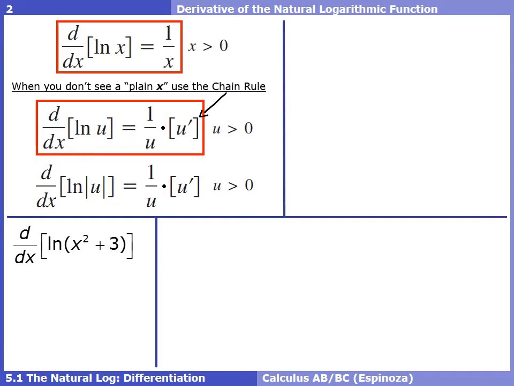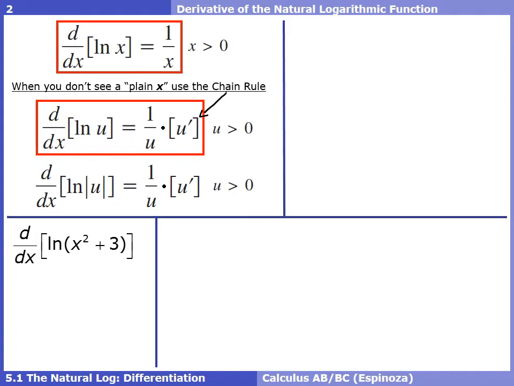Okay, so let's try to practice using this new little formula for taking a derivative concerning a natural log. Here we're trying to take the derivative of the natural log of x squared plus 3. So the derivative of a natural log you can almost just view as this formula and don't overcomplicate it. We know it's equal to 1 over u.